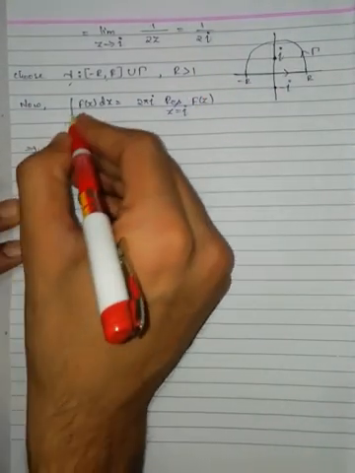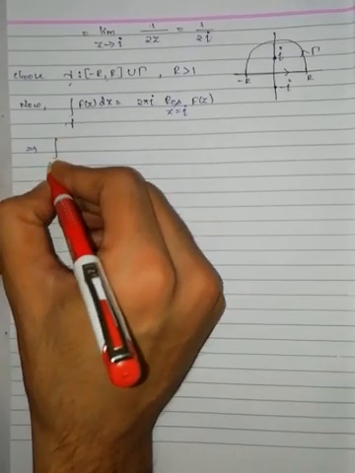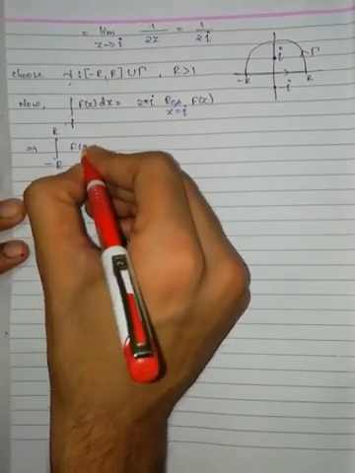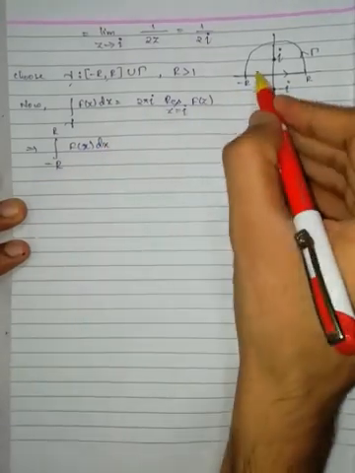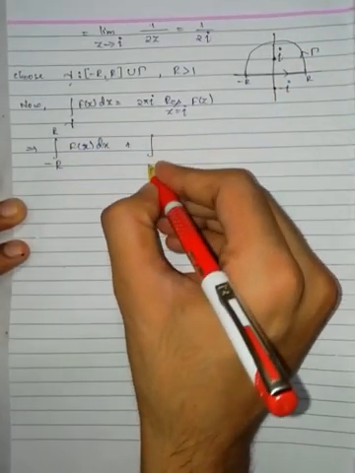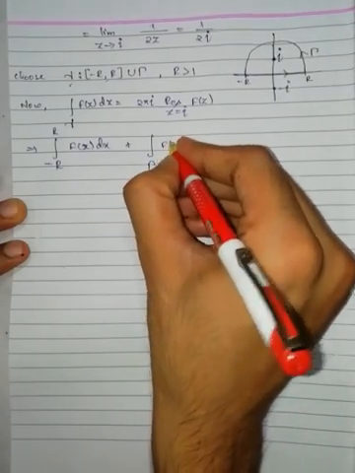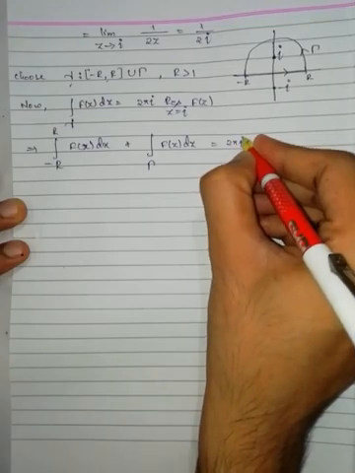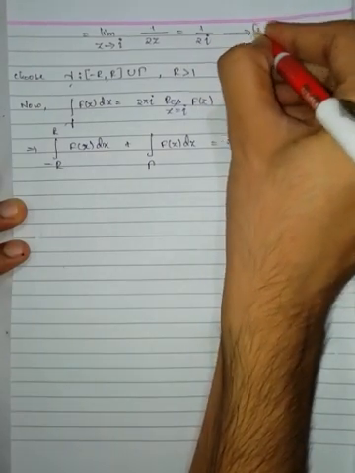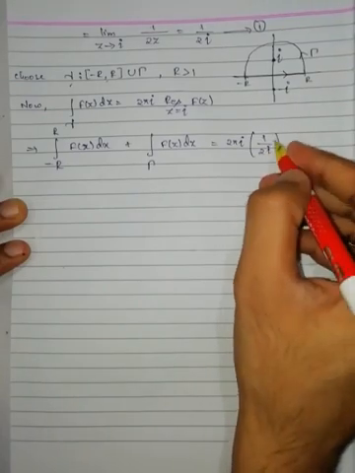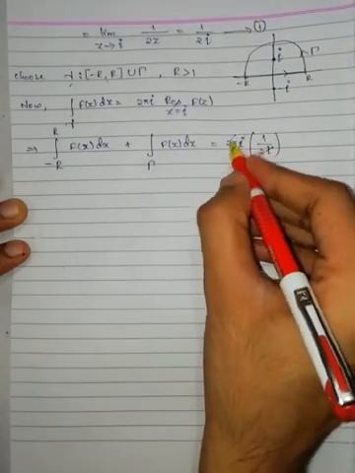This implies integration from minus capital R to R of capital F of x dx, because on the real axis, plus integration over capital gamma of capital F of z dz is equal to 2 pi iota, and the residue we got is 1 by 2 iota. The 2 iota get cancelled.